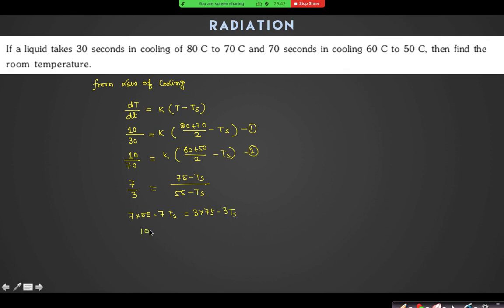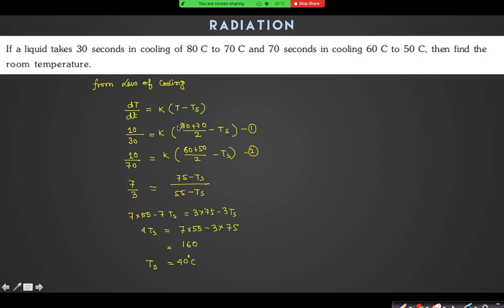So 4 Ts is equal to 7 into 55 minus 3 into 75. How much is it? 160. So the temperature of the surrounding should be 40 degrees Celsius.